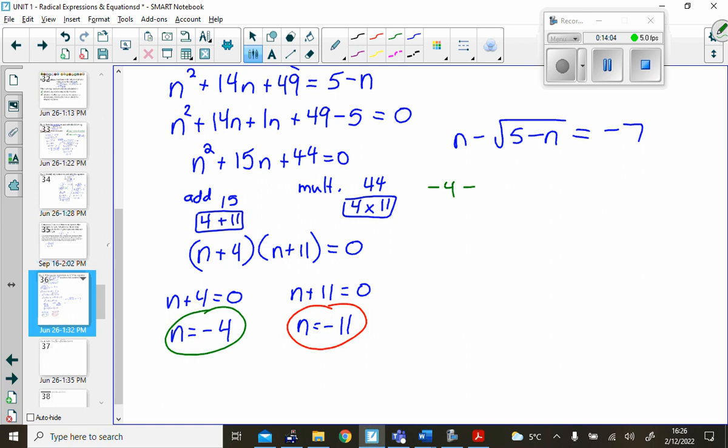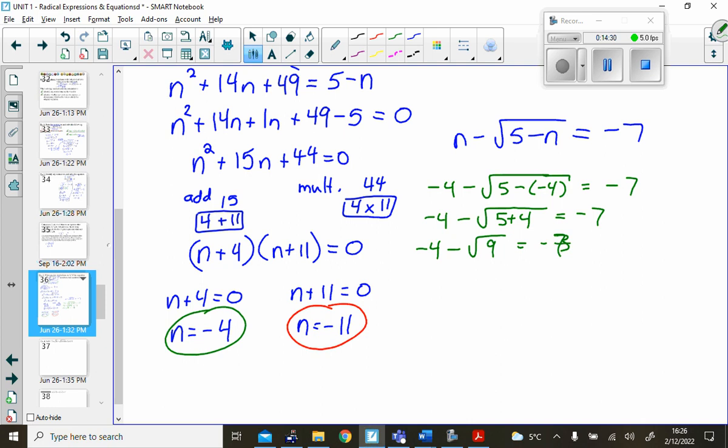Is negative 4 subtract root of 5 minus negative 4 actually equal to negative 7? Is negative 4 subtract root of 5 plus 4 equal to negative 7? Negative 4 subtract root 9. Negative 4 minus 3 is actually equal to negative 7. So negative 4 works.